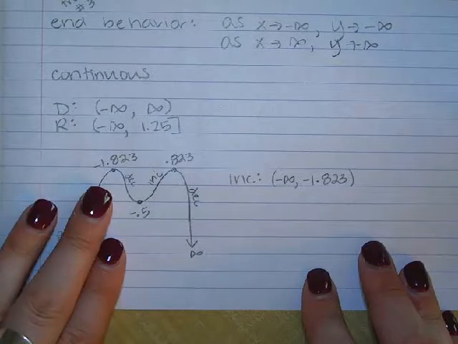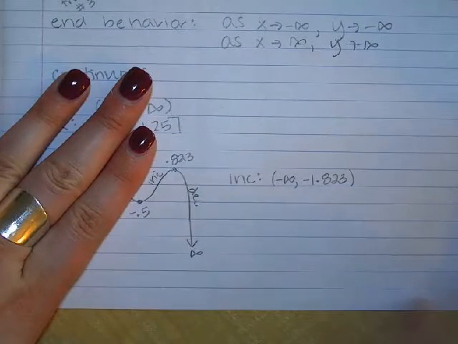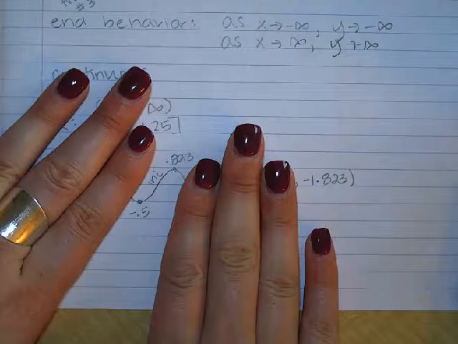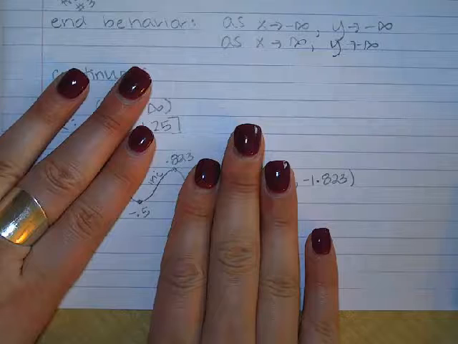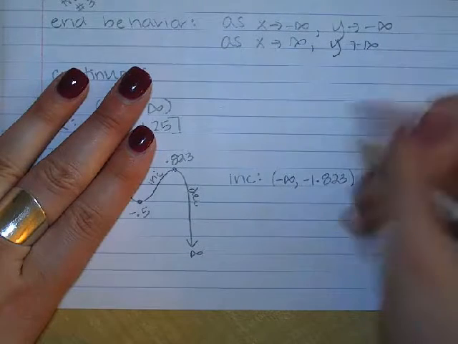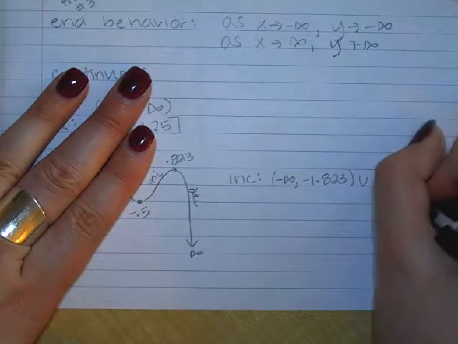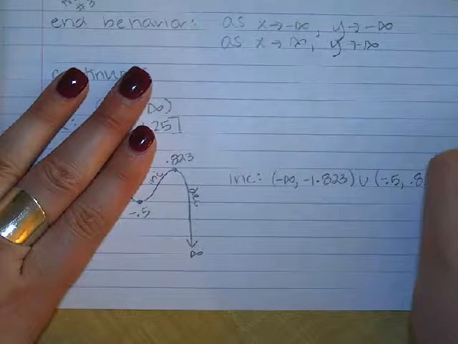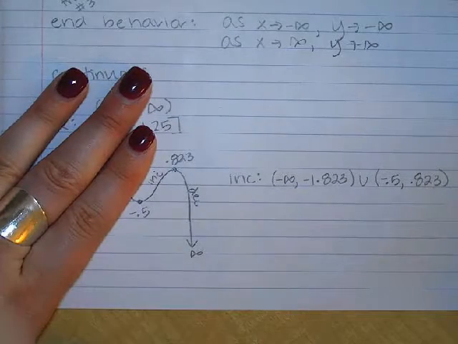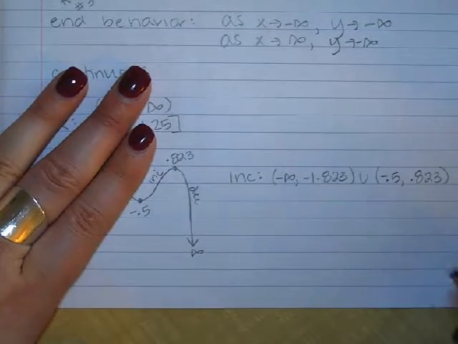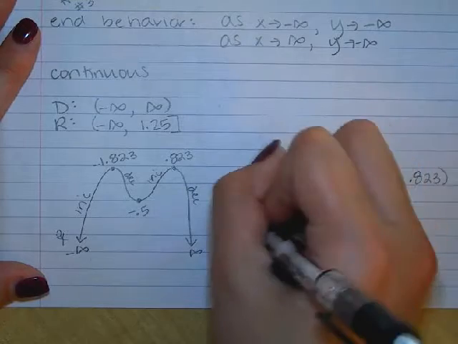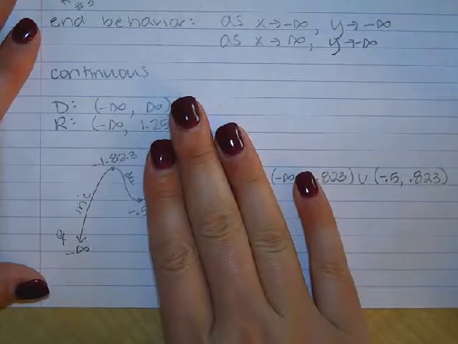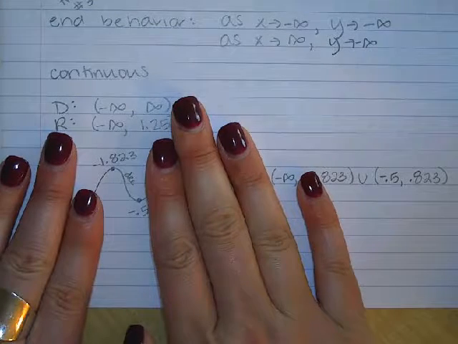Okay, the next one is decreasing, so I'm going to ignore that. Then I have another increasing interval, and what should I write for this one? So we're going to say union negative 0.5 comma 0.823. And then for decreasing, what should I write for decreasing?